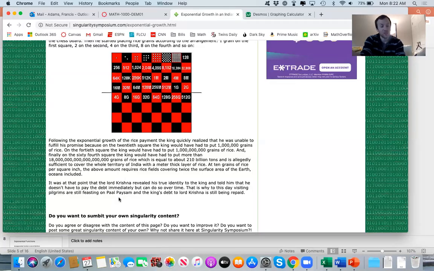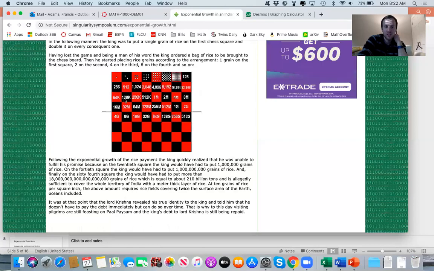It's an interesting story, but it also says the exponential growth is crazy. You're starting with 1 grain of rice and you're doubling. And by the end, you're getting just so many zeros, 210 billion tons of rice.